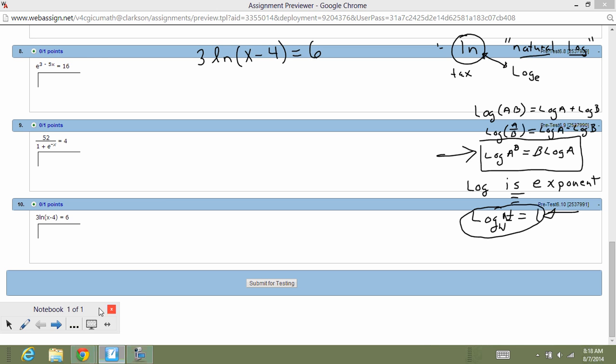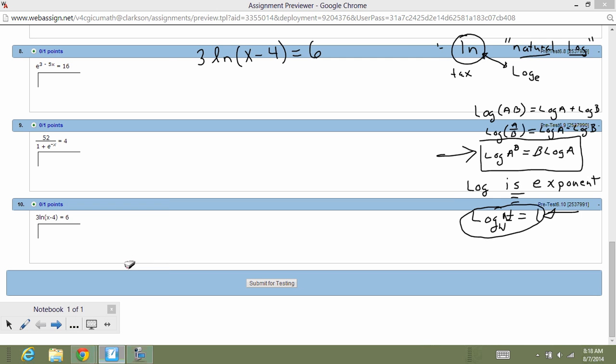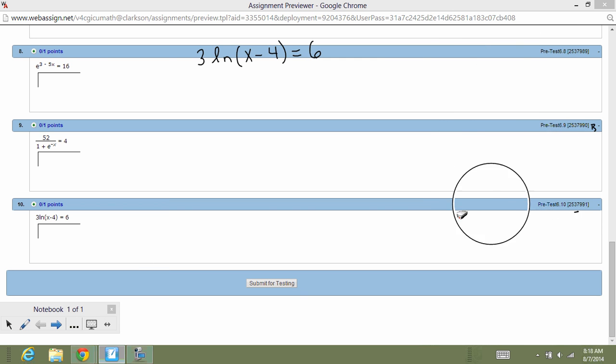So I'm going to emphasize this one more time. I want you to understand the syntax and not have it be a bother for you. So what that says is this: 3 log base e of x minus 4 equals 6. That's what that's meaning.